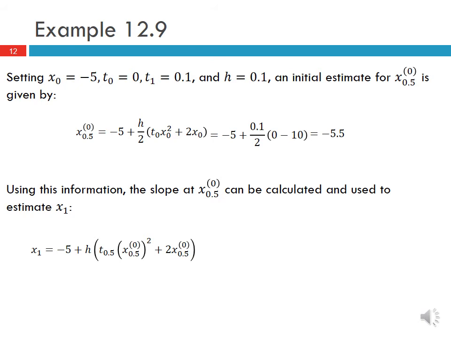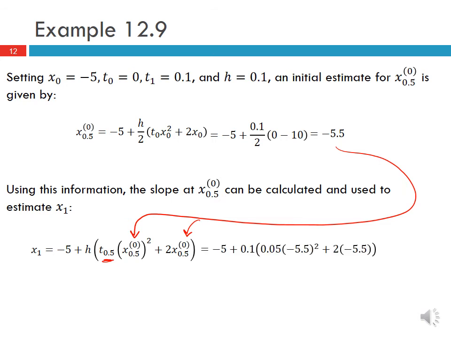So we plug in this value here for x 0.5 superscript 0, and here. And then we're using t of 0.5, which is just half the step size. So our t at 0.5 is equal to 0.05 because our step size, or our h, is equal to 0.1. Plugging in all of our values, we see that x1 is equal to minus 5.949.